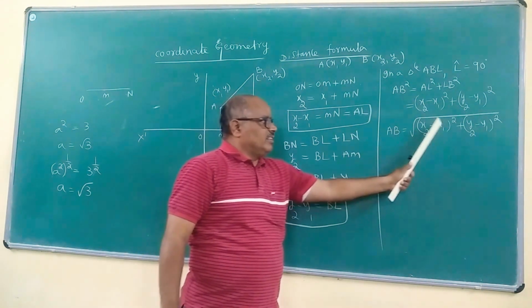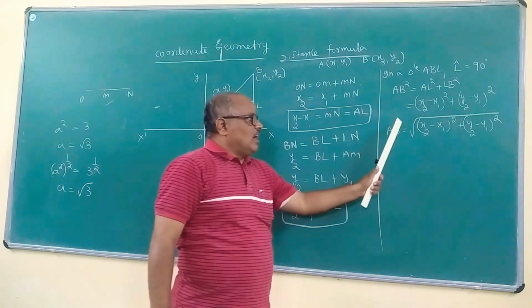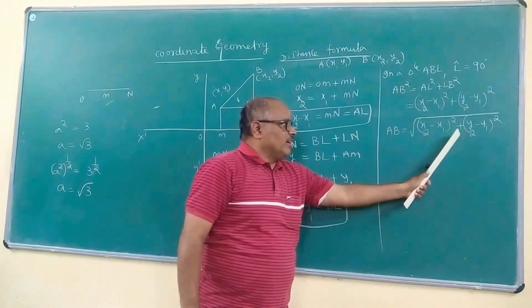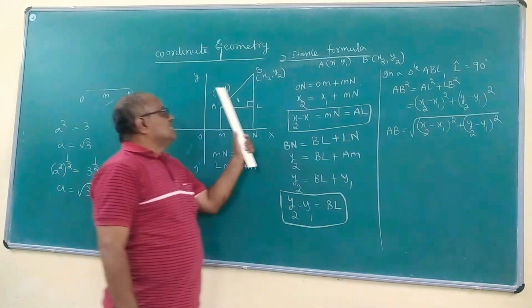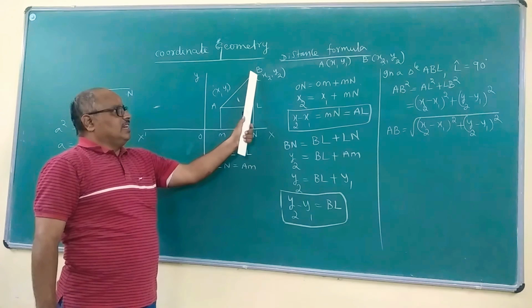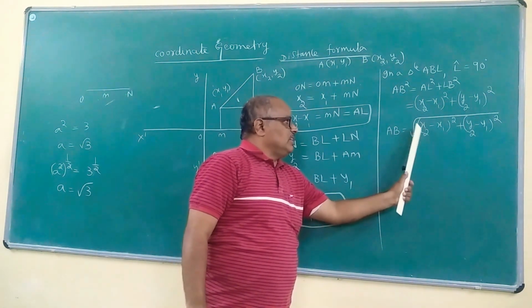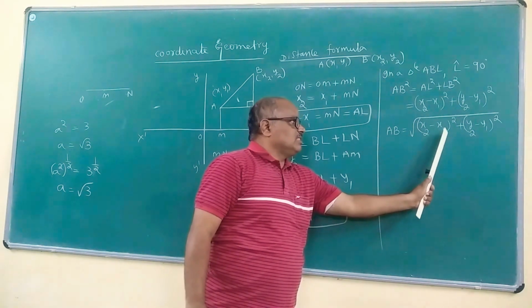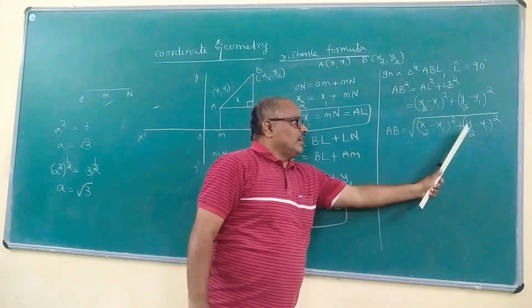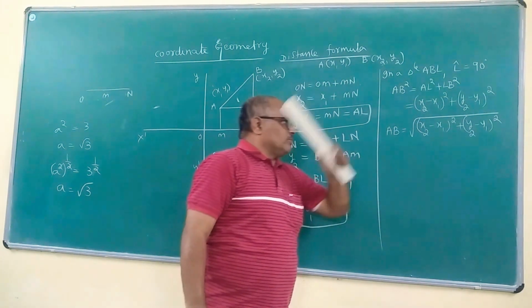This is called the distance formula, or the distance between any two points whose coordinates are x1, y1 and x2, y2. Then AB is equal to the square root of x2 minus x1 whole square plus y2 minus y1 whole square.